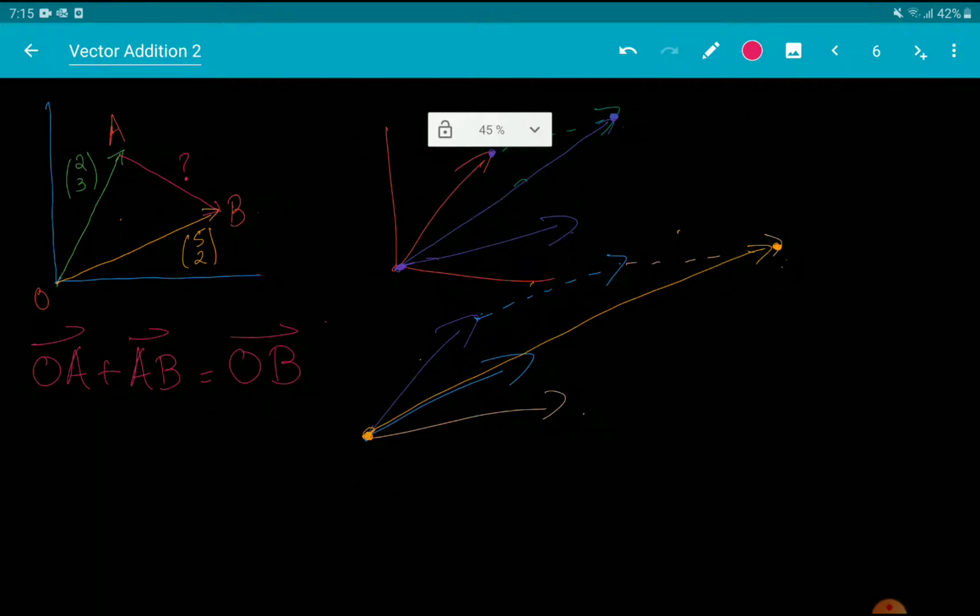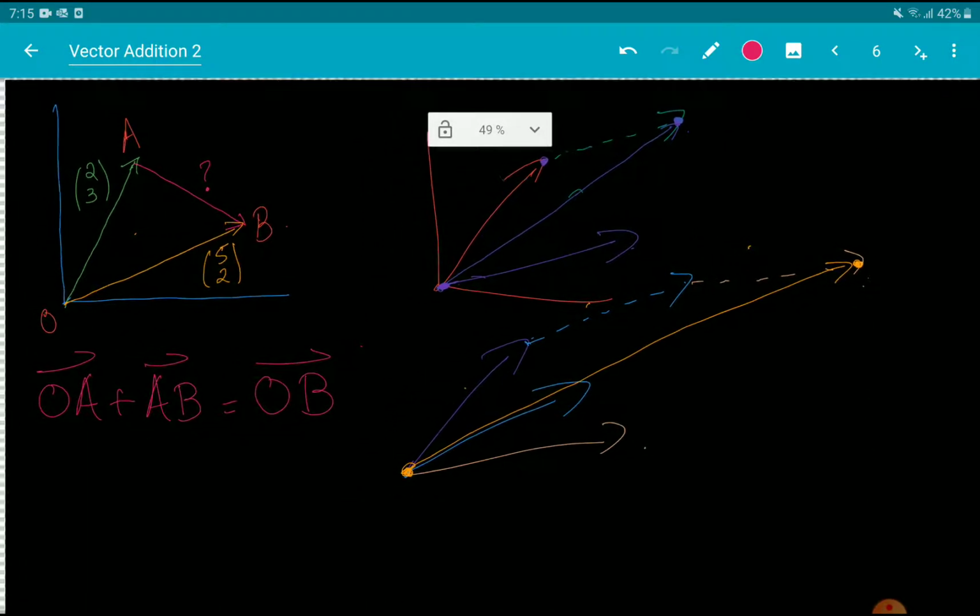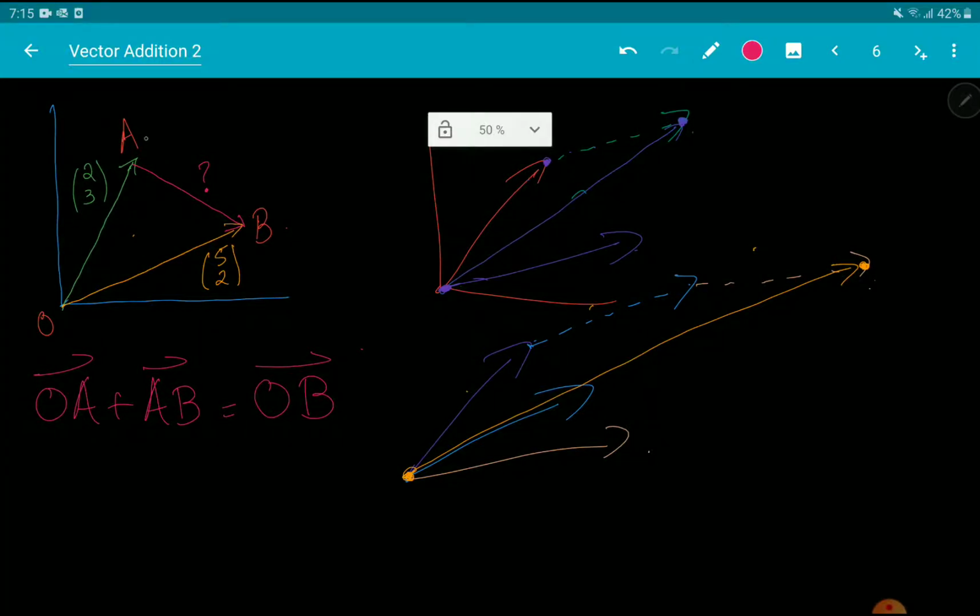And if you want to go through it logically, if you travel along OA, then travel along AB, you end up at point B, right? And if you add OA and AB, what you get is the position vector of B, because you end up at the point B, and the position vector of B is OB.